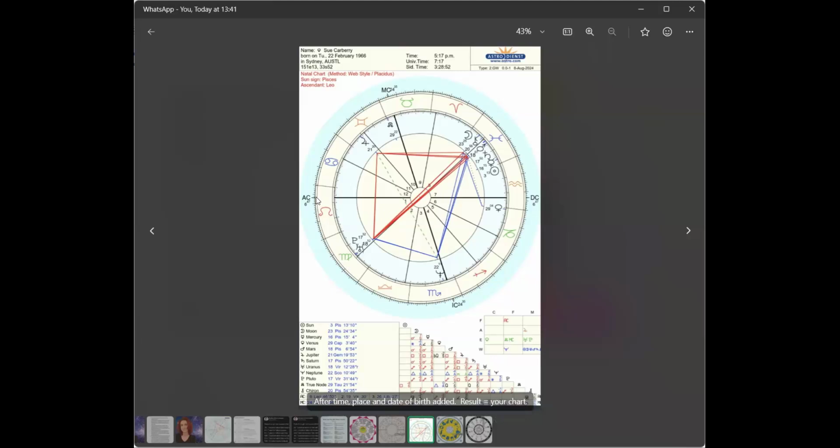So these are the 30 degrees of each sign, which remain the same on every single chart. The only thing that happens is it turns. So if I have an ascendant in Pisces, in Cancer, then that would be my first house cusp there. And then everything would turn. It's like a wheel. It turns.